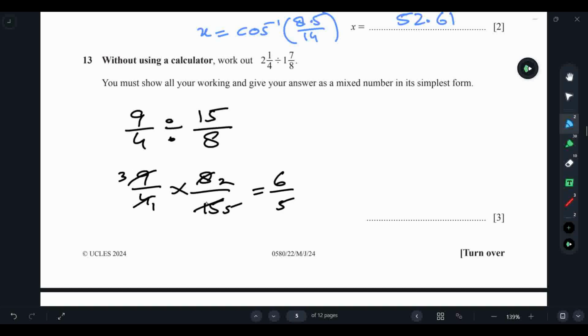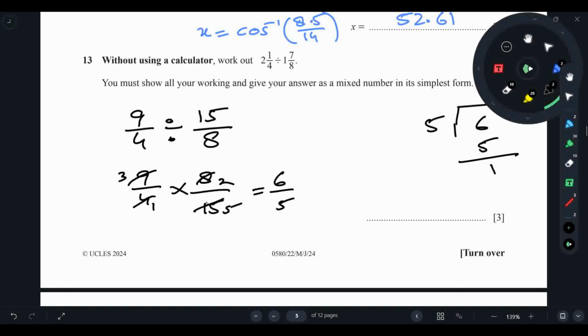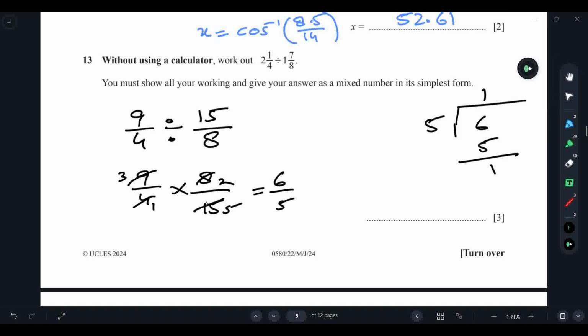Now we need to convert it into a mixed fraction, because they say give your answer as a mixed number in its simplest form. So 6 by 5: 5 1s are 5, and we have 1 over here. Now we need to write it in this order: the whole number 1, then 1 at the top and 5 at the bottom.